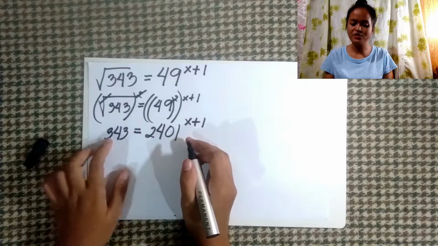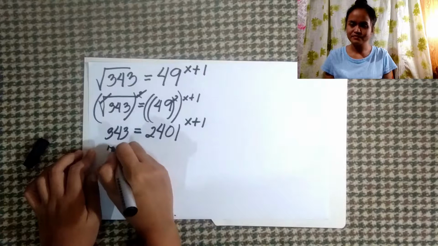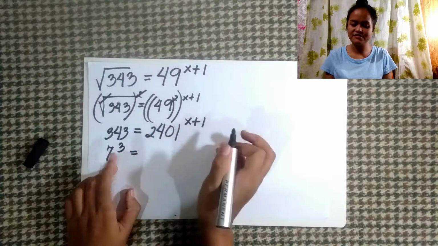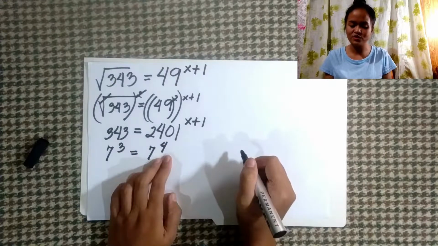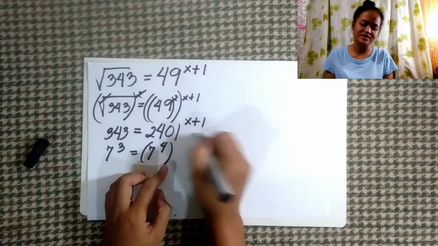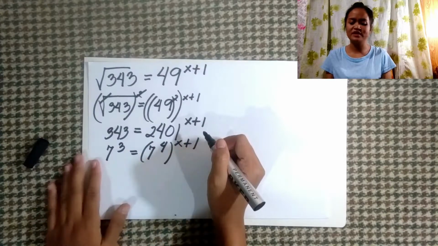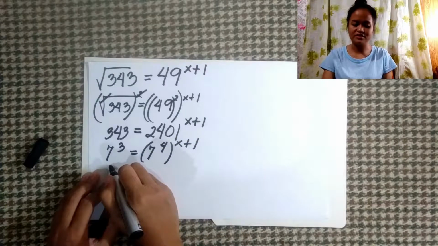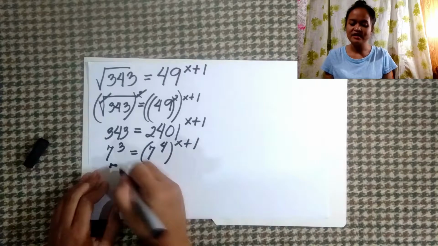So we can write this as 7 raised to 3 equals 7 raised to 4, since 7 raised to 3 is equal to 343 and 7 raised to 4 is just equal to 2401. So copy the exponent x plus 1. So the bases are now equal. Everything is equal. So let's deal with the exponents.